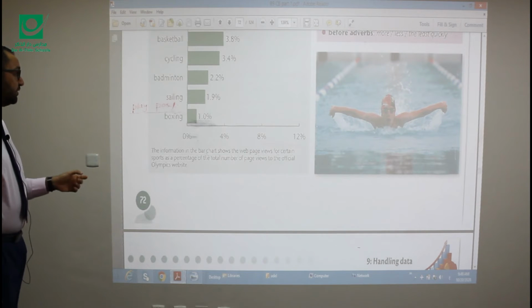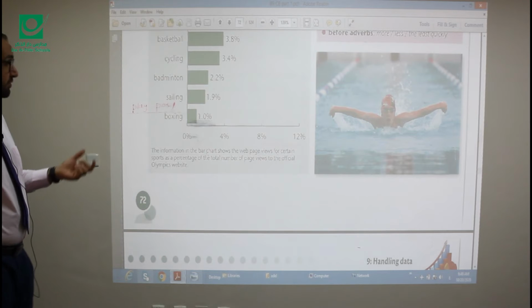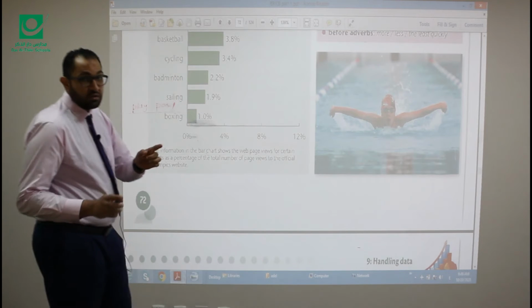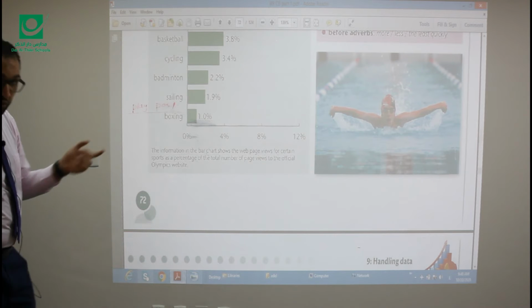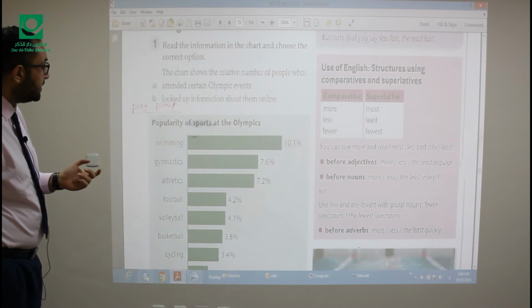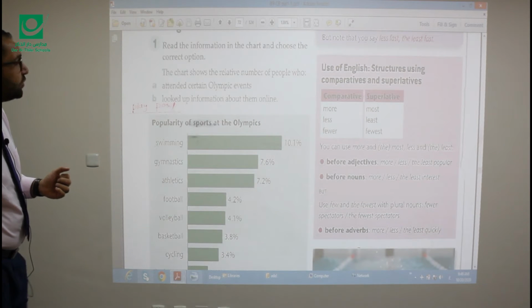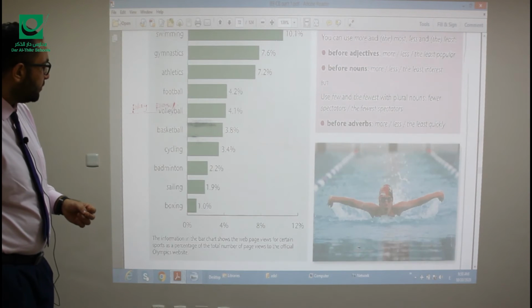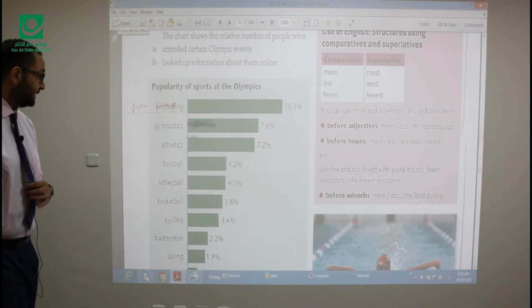The information in the bar chart shows the web page. So the words web page, total number of page views, so views of the page, online pages. So the answer here is: looked up the information online. So I search for the keywords and it will help me.